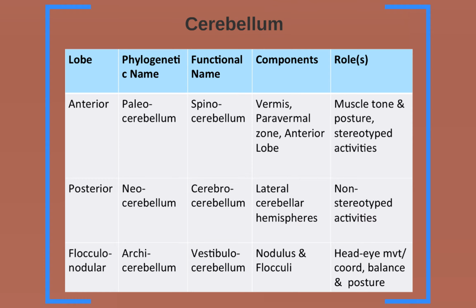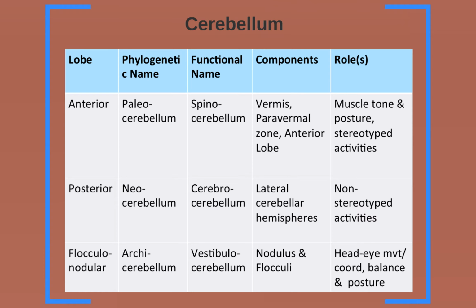That cerebral cortex naturally is going to be requiring information from premotor area as well as the prefrontal cortex in order to define that non-stereotyped activity. And the last region is the flocculonodular, which is better known as the vestibulocerebellum, which carries information to and from the vestibular system to the cerebellum, ultimately having a major role in head and eye movement, coordination, balance, and posture.